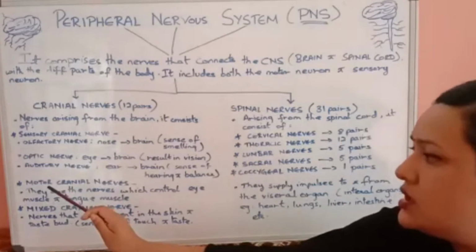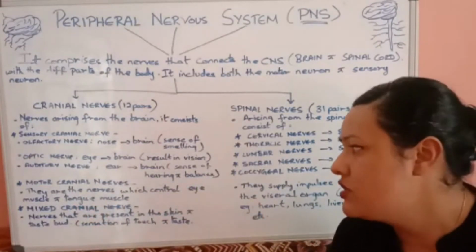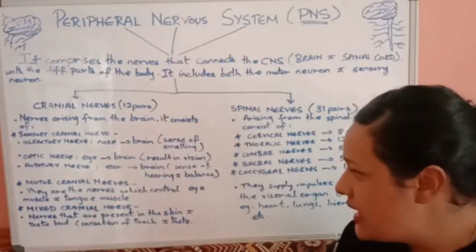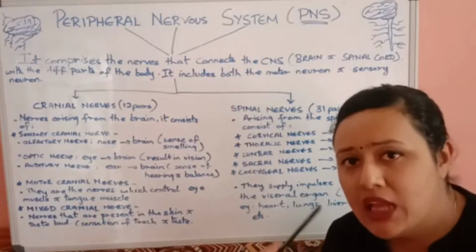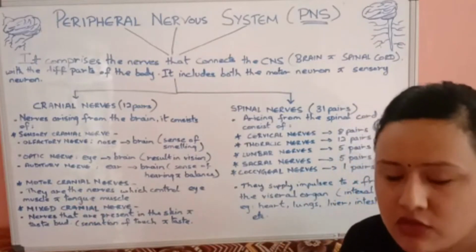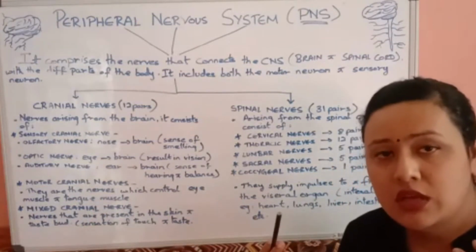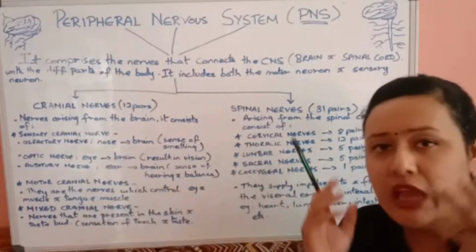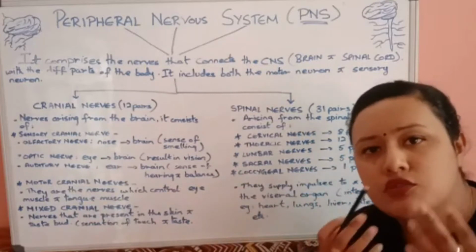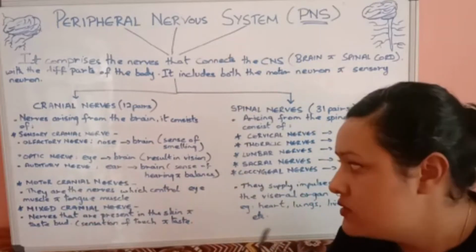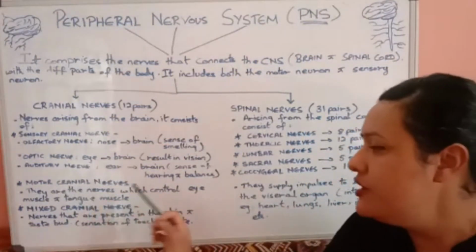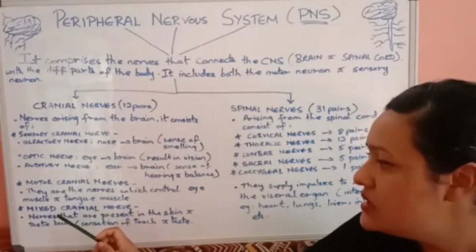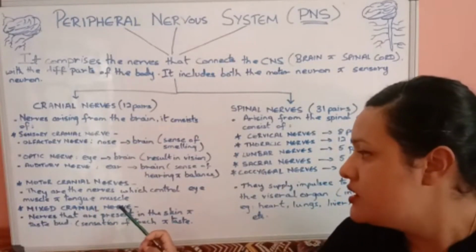Then come the motor cranial nerves. They are the nerves that control your eye and your tongue muscles. The messages are carried through these in order to control your eye and also the muscles in your tongue. And the last one is the mixed cranial nerves.